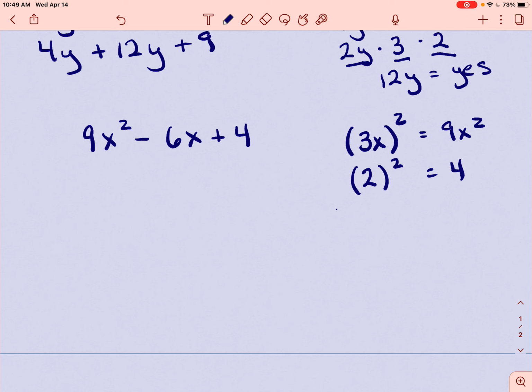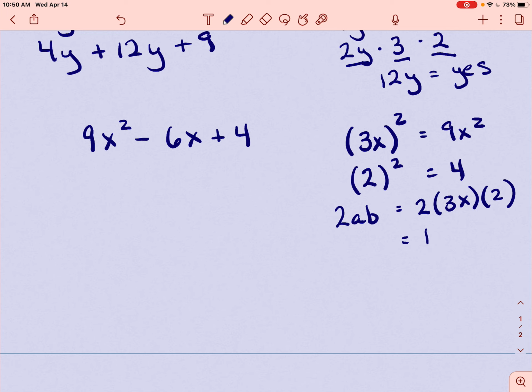And is the middle term equal to 2ab? So in this case, 2ab would be 2 times 3x times 2, which equals 12x. I probably have to have a negative in there, because of the pattern with negatives, but that's okay.